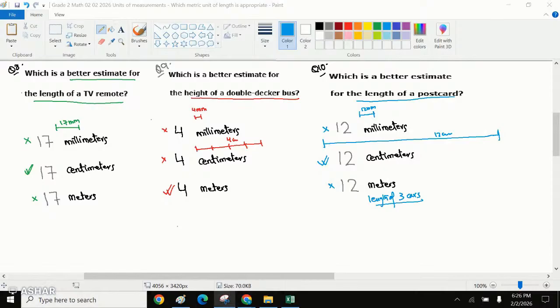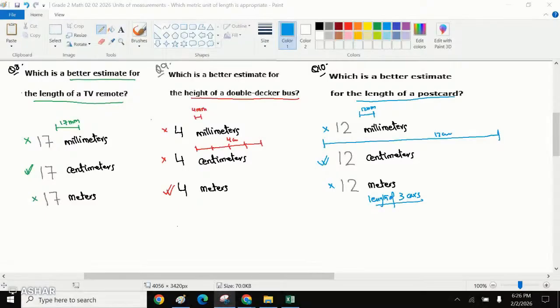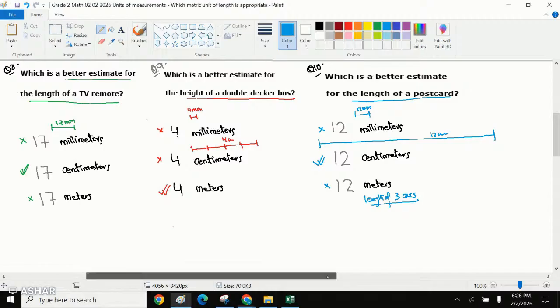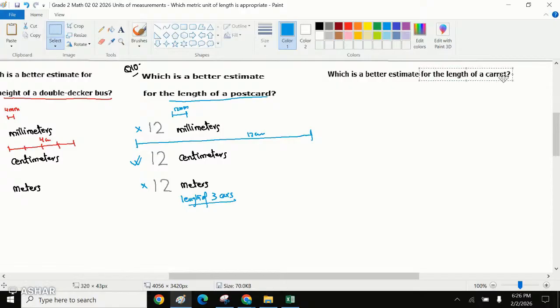Okay. Which is the better measurement for the length of a carrot? They are saying 25. Okay, they're using the number 25 as the estimate for the length of a carrot.